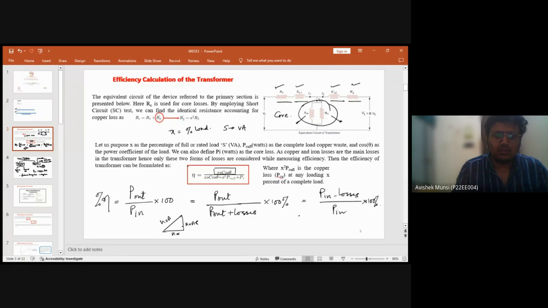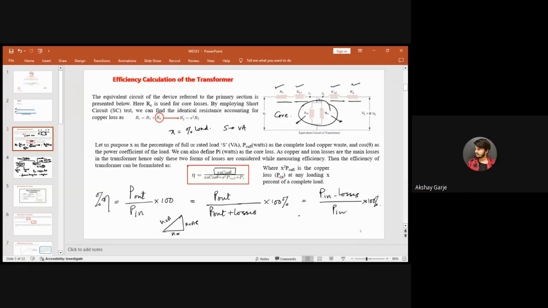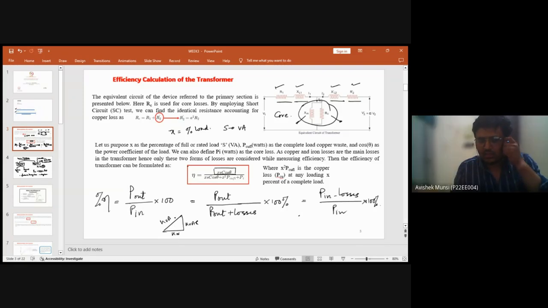If we multiply this with cos theta, then we will get the real power. So one is VI cos theta, that is the real power, and VI sin theta, that is basically the imaginary power, or in some cases you can say the reactive power.